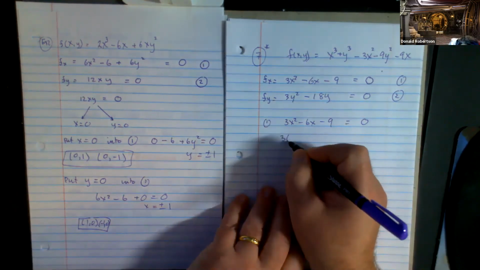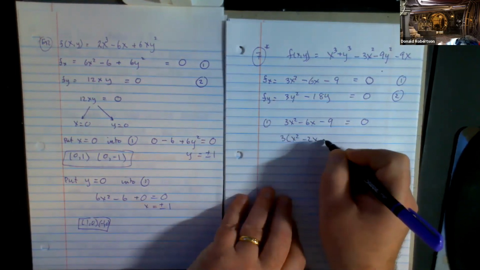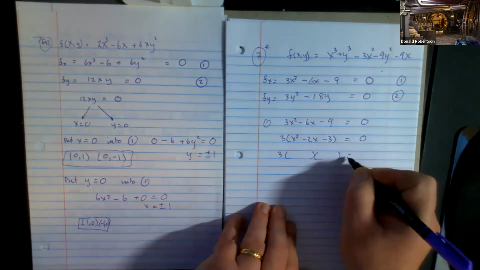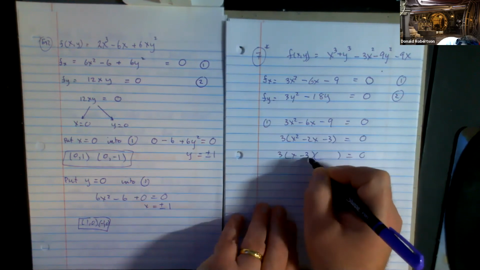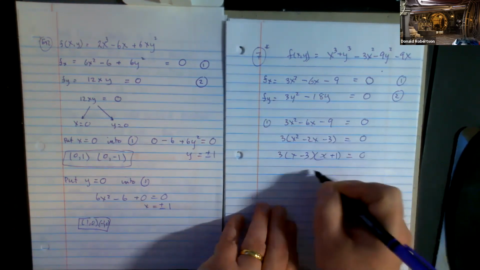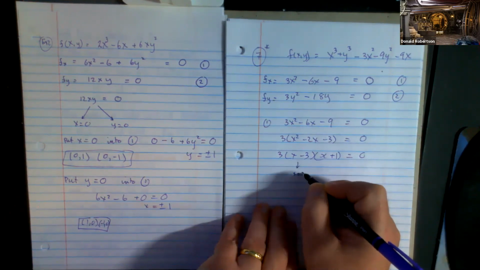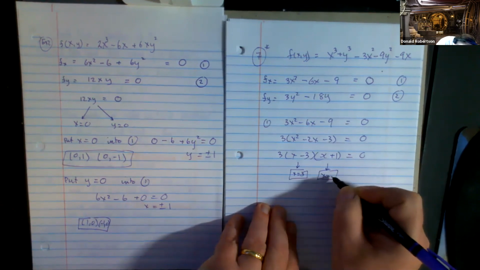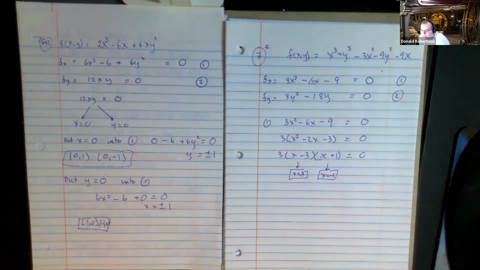If I pull out a 3 as a common factor, then I should be able to factor this very easily. Which means x equals 3 and x equals -1 are candidates for the critical numbers. You agree?